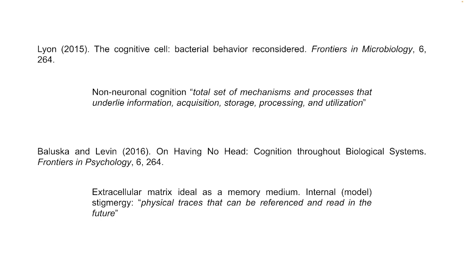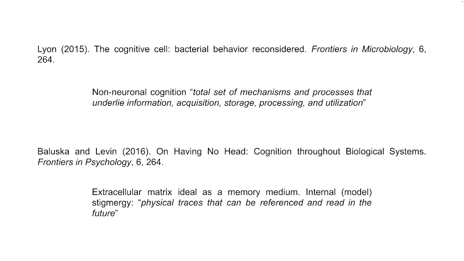And they define non-neuronal cognition as the total set of mechanisms and processes that underlie information acquisition, storage, processing, utilization. So we have information acquisition, information storage, information processing, information utilization. It doesn't require a brain. It doesn't require neurons. It requires certain features in both the individual cell and in a colony to do this. And so we're going to see some of those mechanisms later.